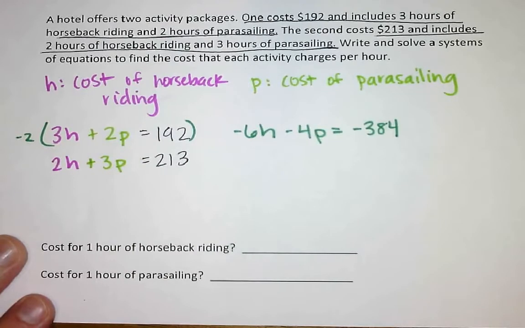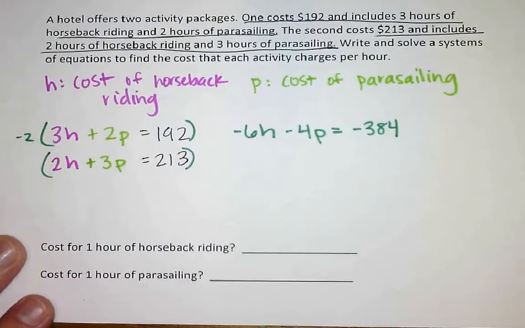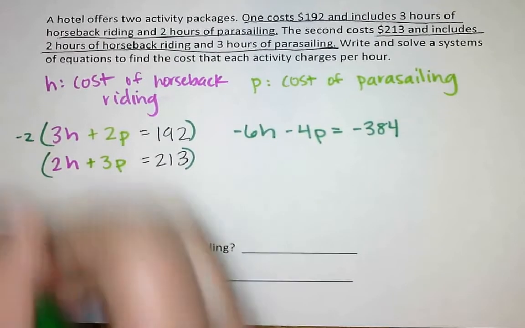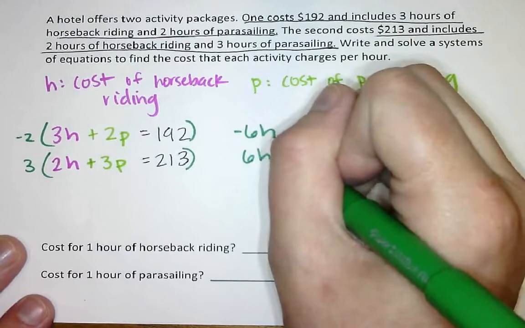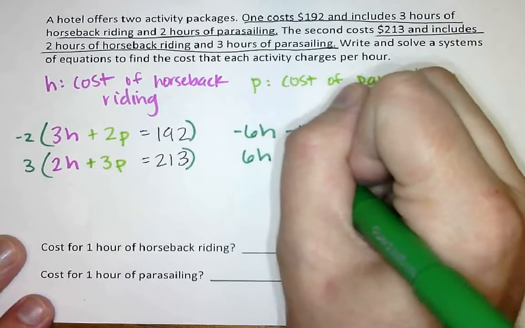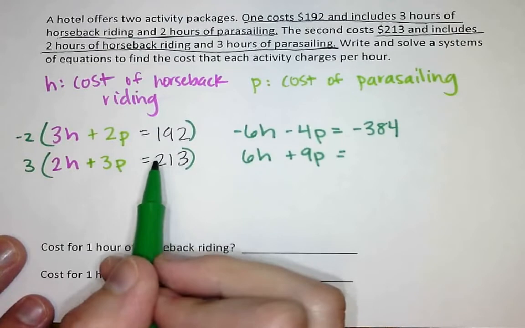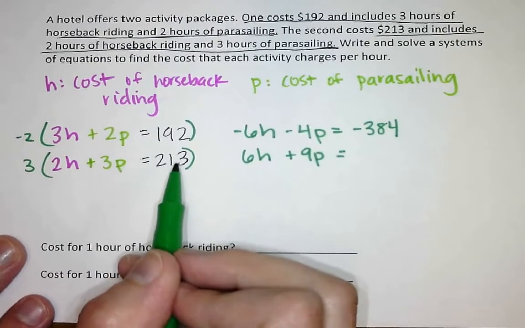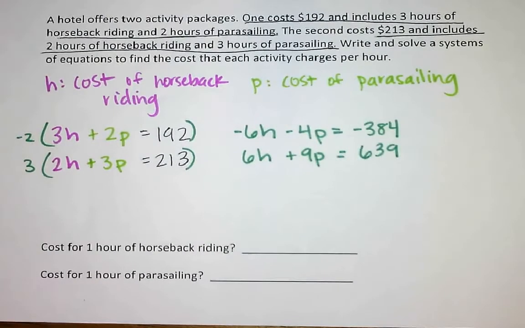+3. So that would have been 6H plus 9P is equal to 3 times 213. That's 600. 13 times 3, 39. So 639. Cool? So now, what would we do? So now we can eliminate our H, right?